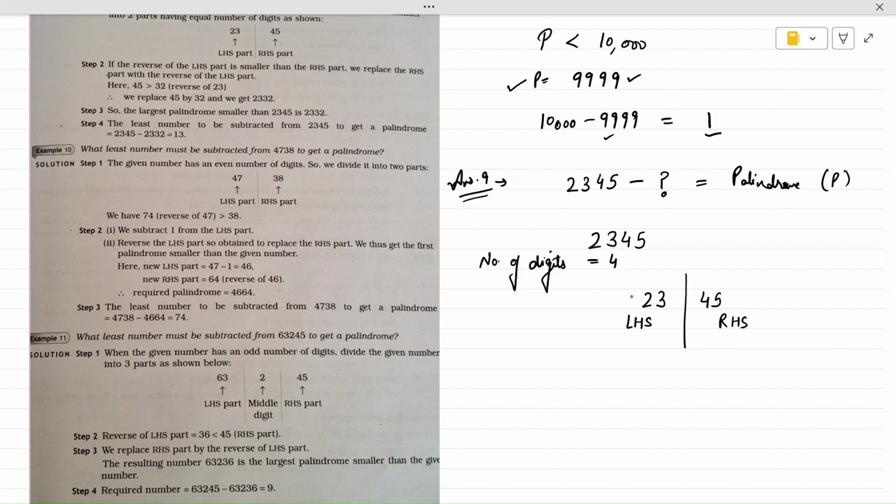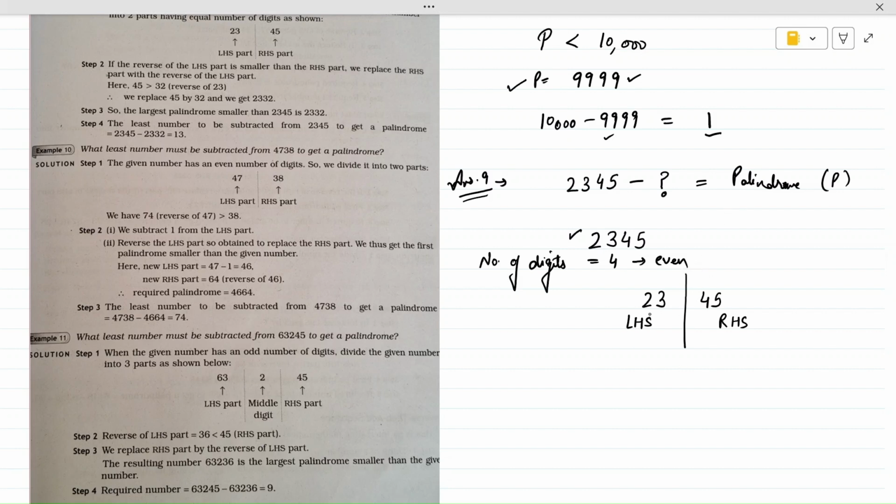Okay, so till now what we have done, we have a number and we count the number of digits in this number, which is 4, and this is even. So if the number given to us is even, we will split that number into two equal parts.